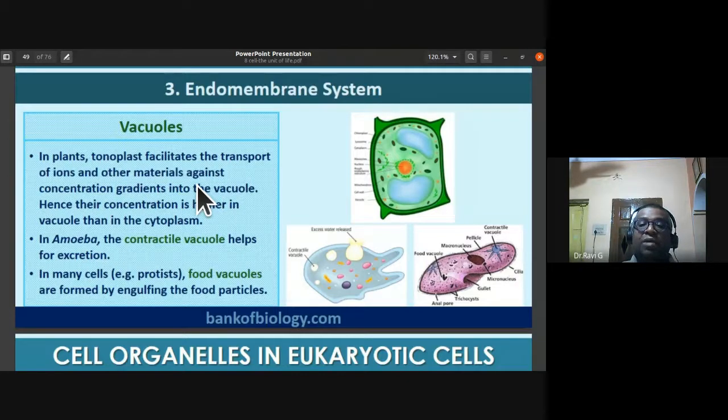In amoeba, the contractile vacuole helps in excretion, wherein it opens and throws out the waste material. In many cells, like protists, the food vacuoles are formed by engulfing the food particles with a droplet of water.